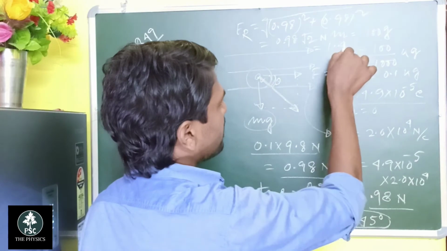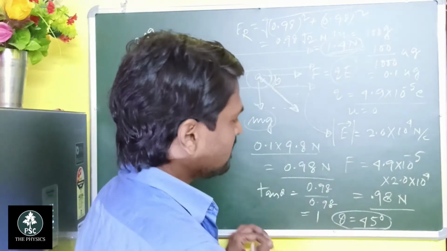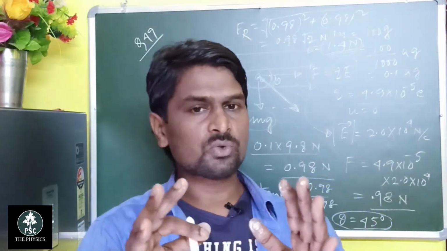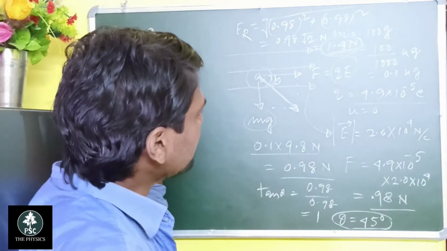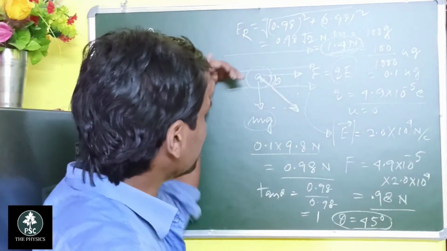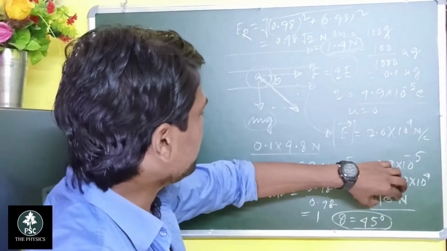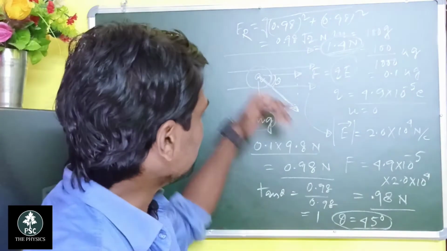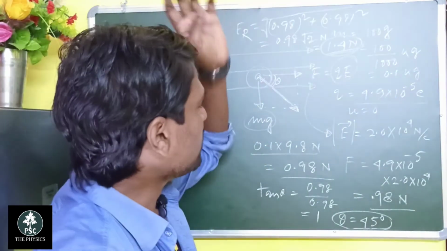There is approximately 1.4 Newton force acting along this direction at a 45 degree angle. Again I repeat, there is a charge within the field, and the electric field acts along this direction and weight along this direction, so the resultant is along 45 degree, and the magnitude of the resultant is 1.4 Newton.